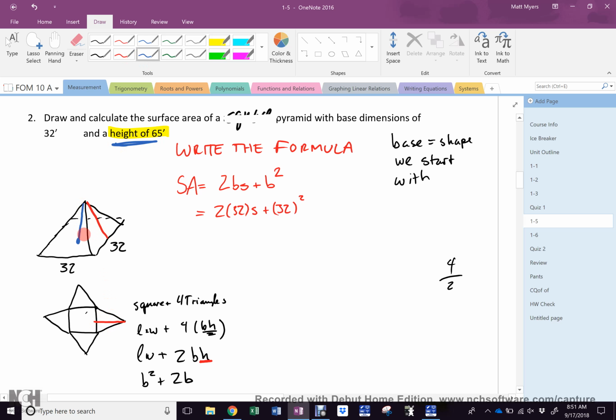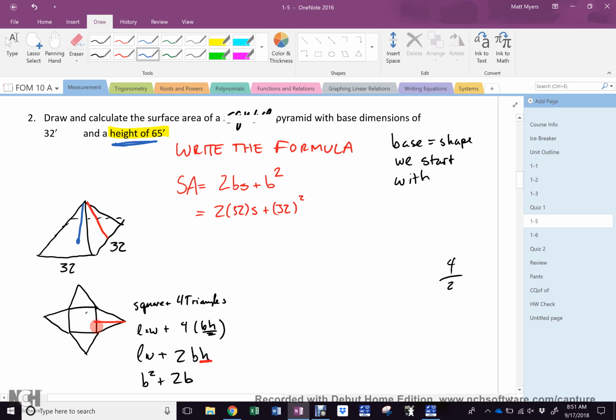Now, how do I find S? Talk to your neighbor. Because I don't have S, but I need S. And there's a problem here. S on the pyramid is the H of the unfolded pyramid, isn't it?